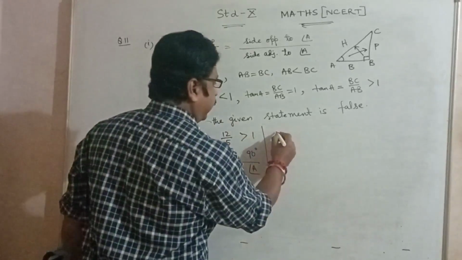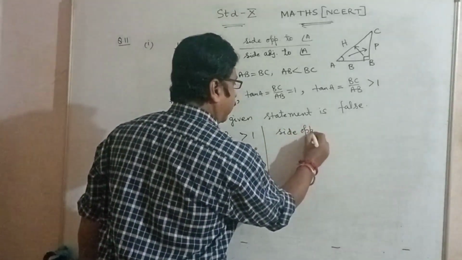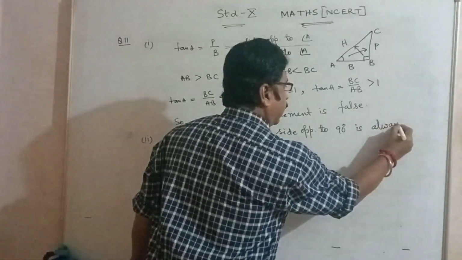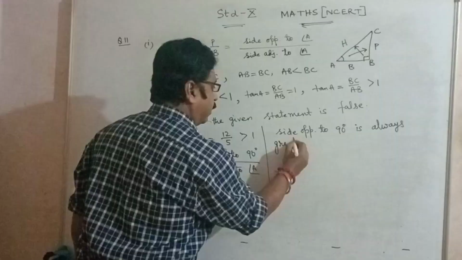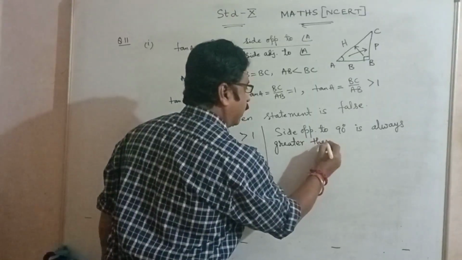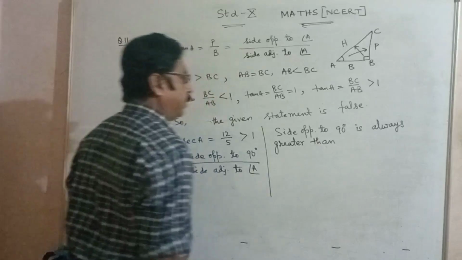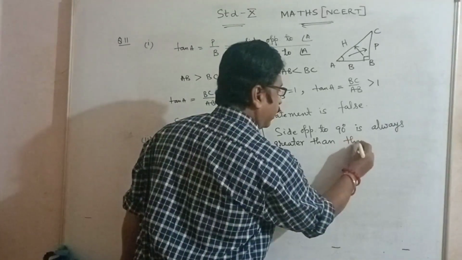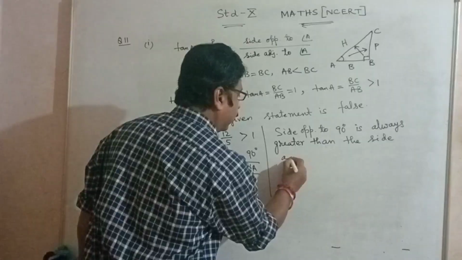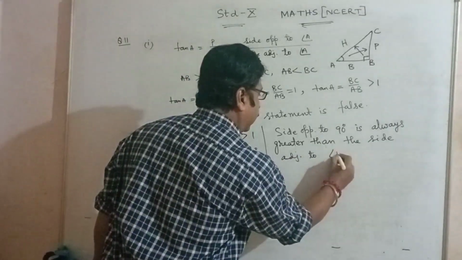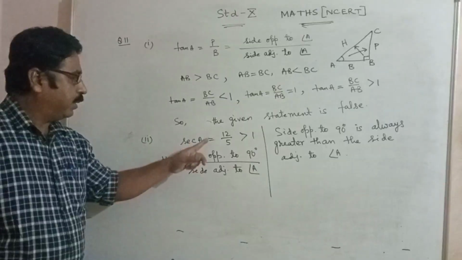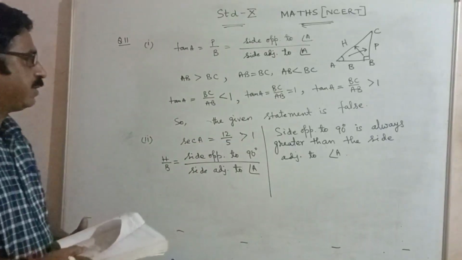Side opposite to 90 degree is always greater than the side adjacent to angle A. So if this side is greater, then sec A will be greater than 1. So the statement is true.